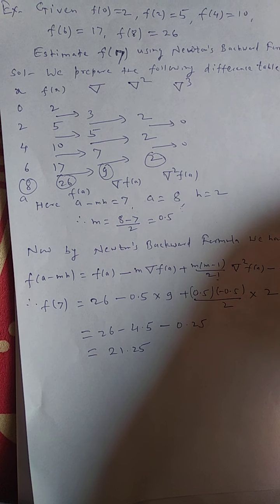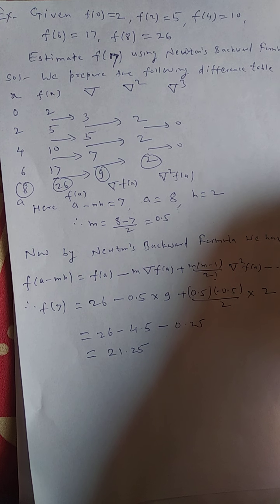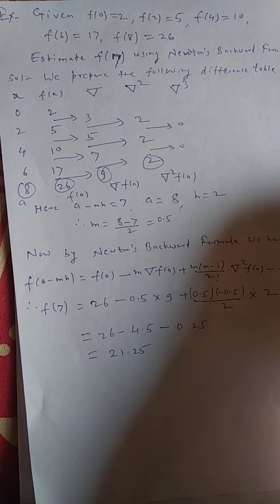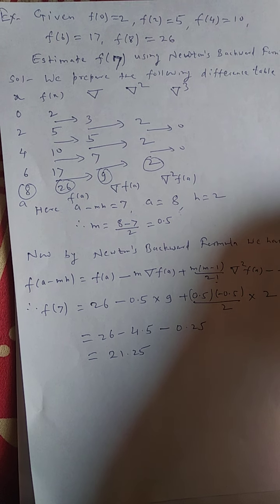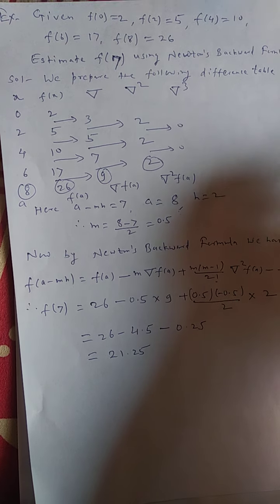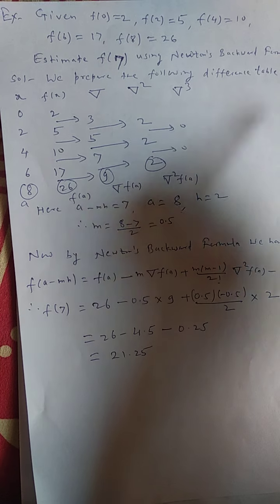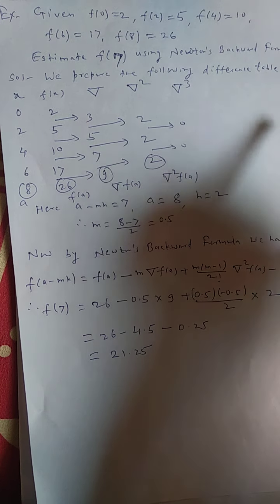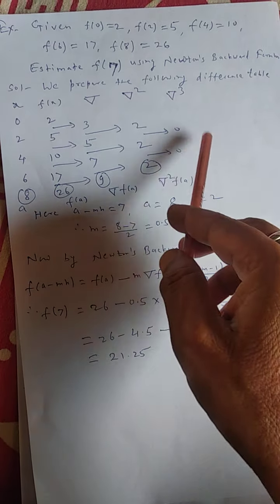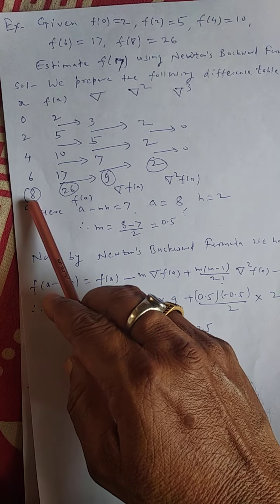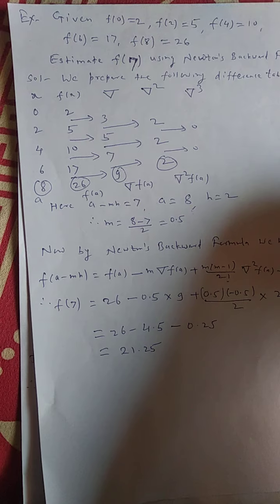So both the concepts you keep in mind and accordingly use the formula. Then for both prepare the same table, but while using forward formula take the first values first like this, and while using backward formula take the last like this, and use them in the formula.